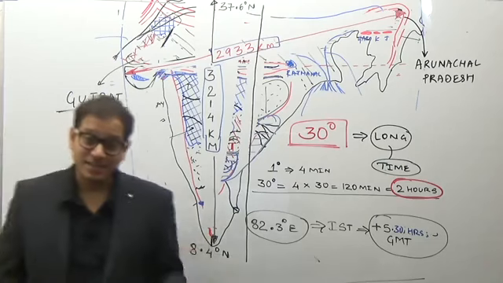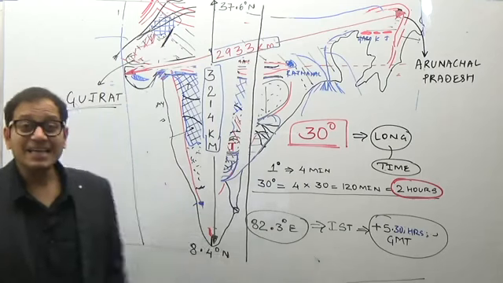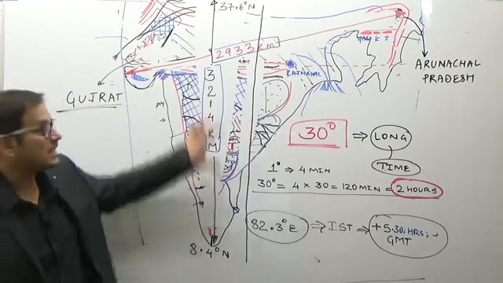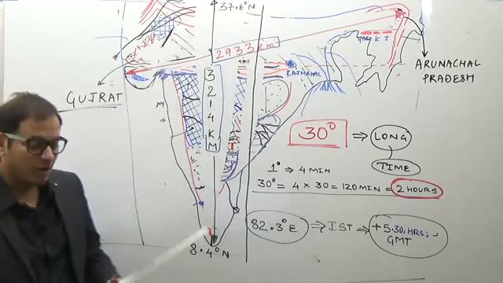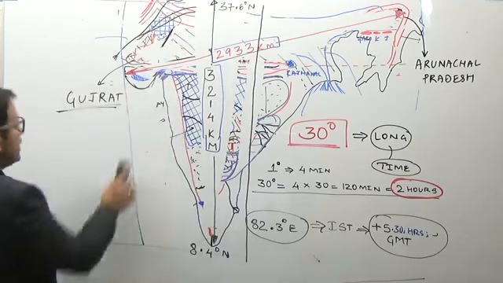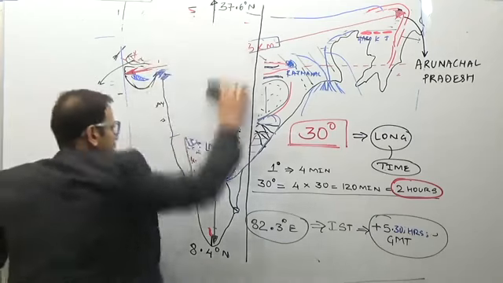Now look at another interesting fact about India. India lies between the tropical regions and the subtropical regions.